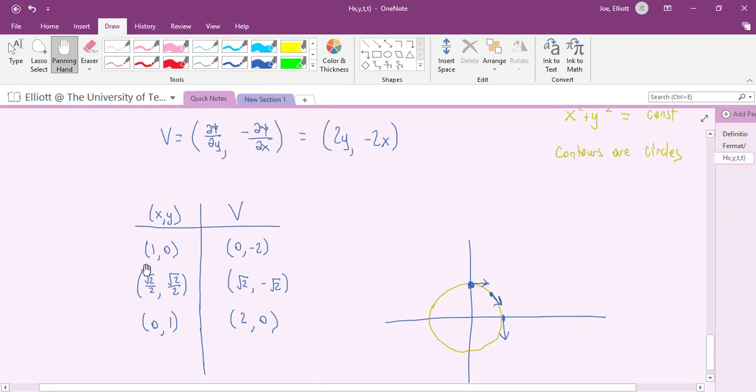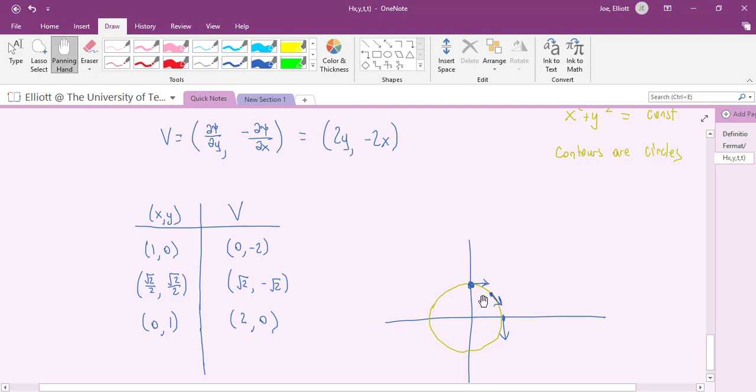If I take the point root 2 over 2, root 2 over 2 for x and y, and plug these in for x and y over here, you'll get that v is square root of 2 and then negative square root of 2. This point would be at a 45-degree angle along the unit circle.